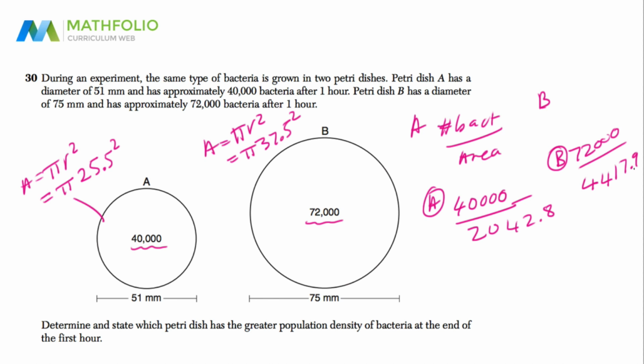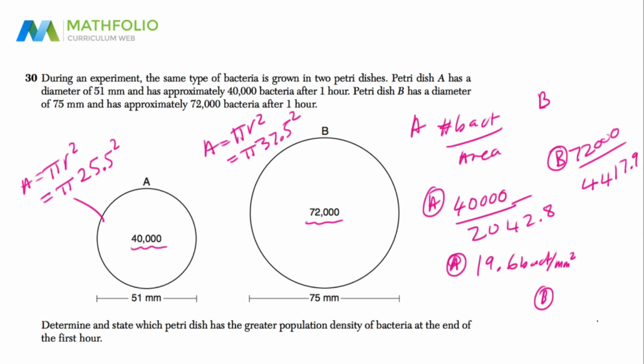So when I do 40,000 divided by 2042.8, I get a density of 19.58, or let's just say 19.6. And this is bacteria per millimeter squared. So that's for A.